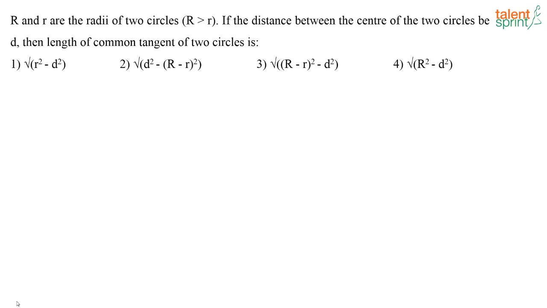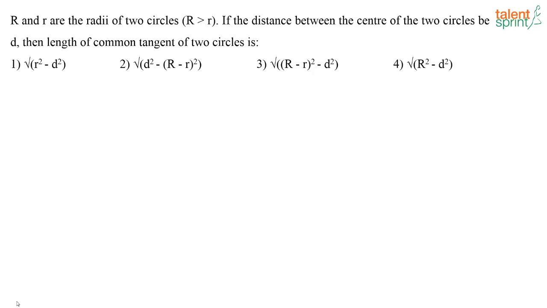Next question. R and r are the radii of two circles where capital R is greater than small r. If the distance between the centers of the two circles is d, then the length of the common tangent of the two circles is dash. So this is a very straightforward question.